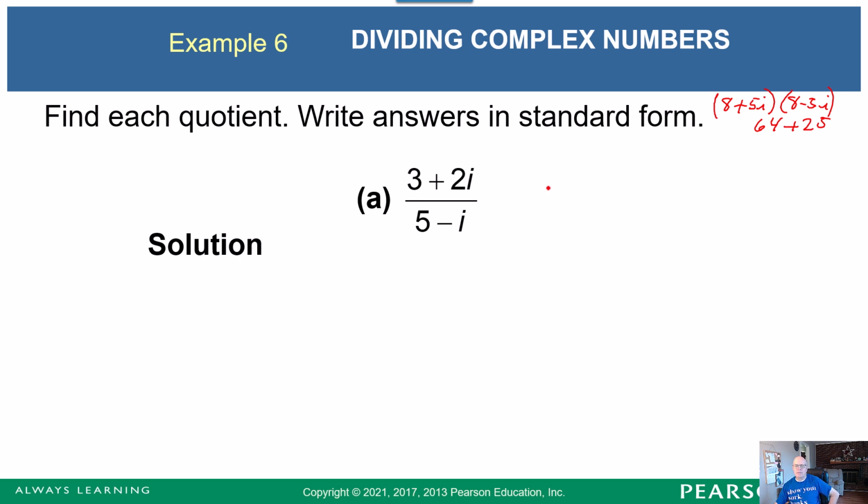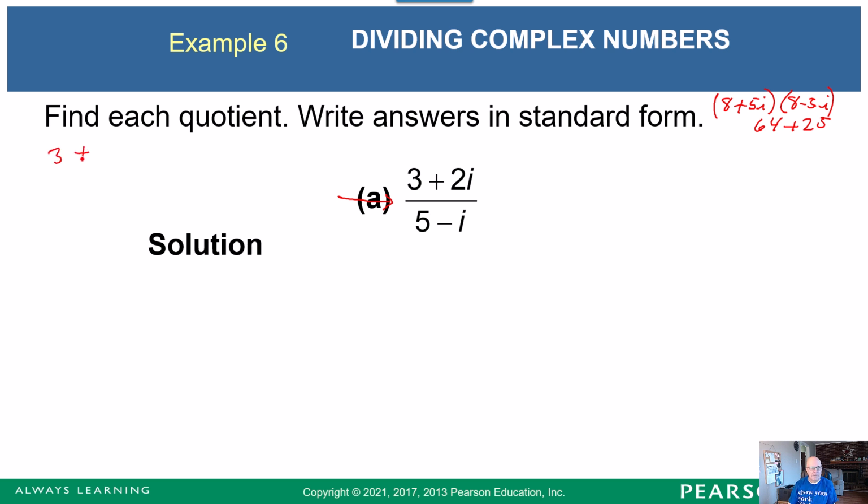So, remembering that, take a look at this fraction right here. This is a fraction we would not be expected to give as an answer to a question. Why? I'm going to rewrite it over here.